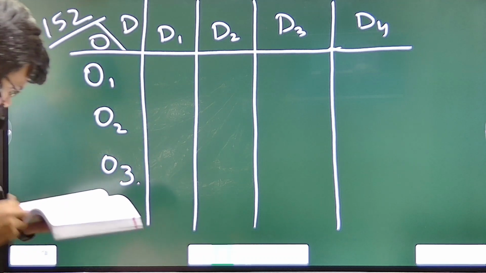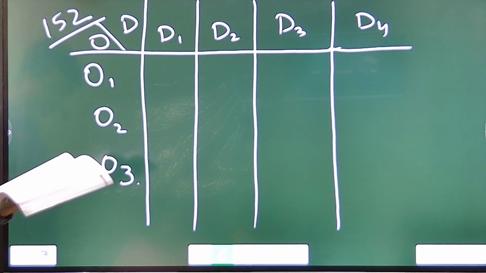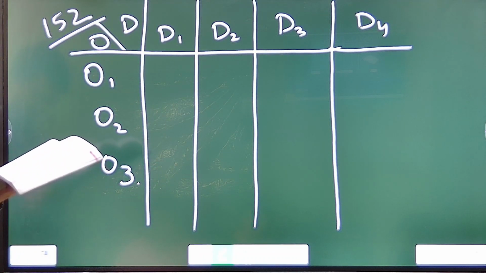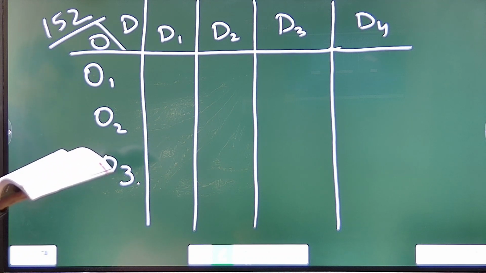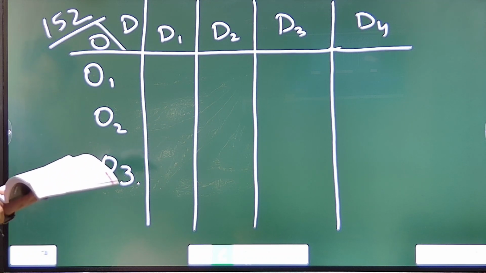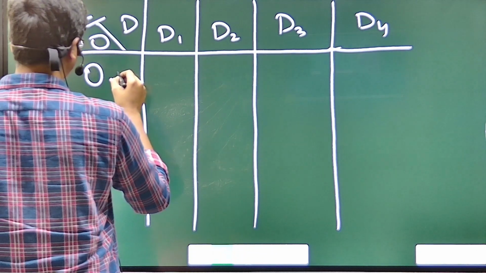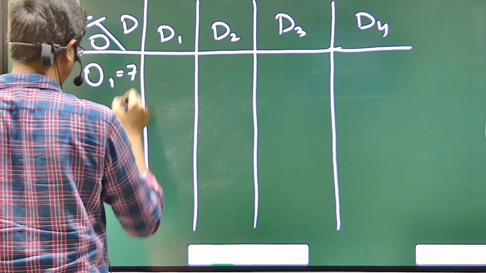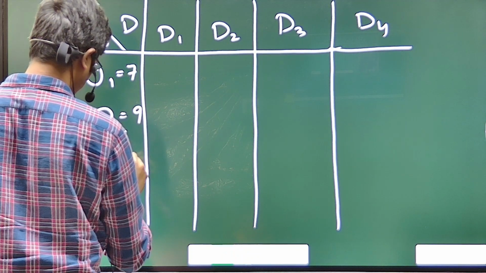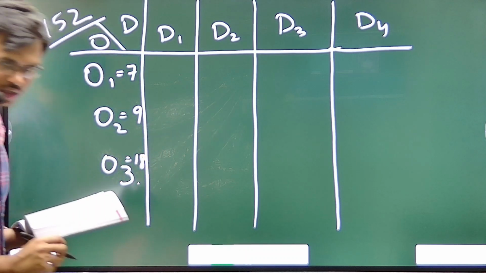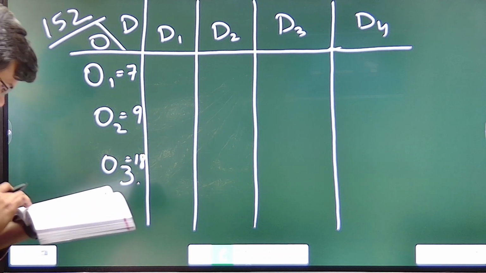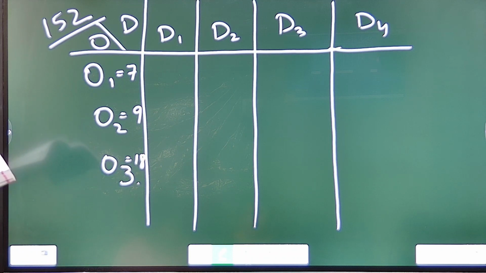And he has given you 3 factories that produce 7, 9 and 18 units. So O1, O2, O3 have 7, 9, 18 units. And you have capacities of your warehouses D1 to D4.